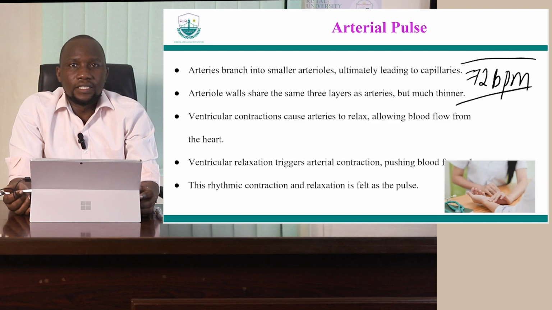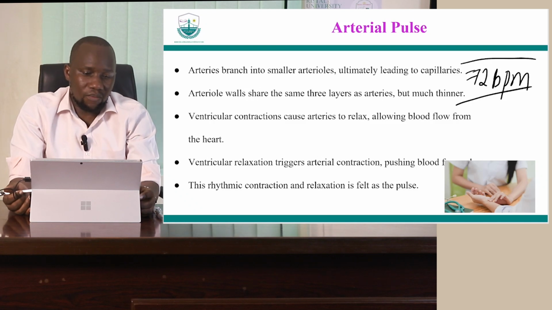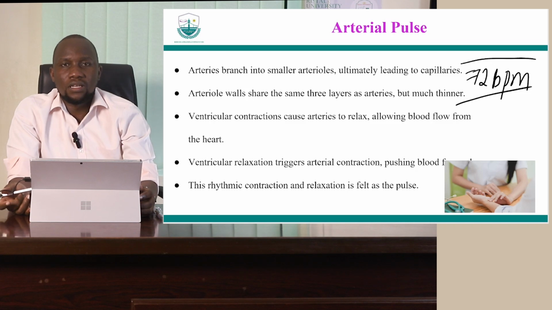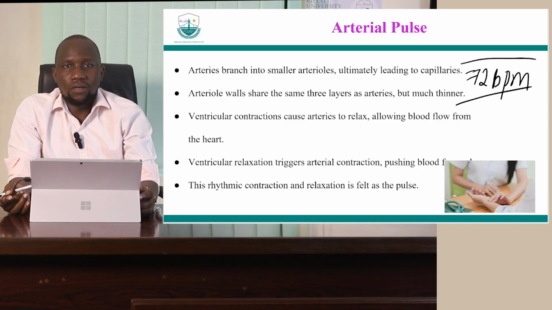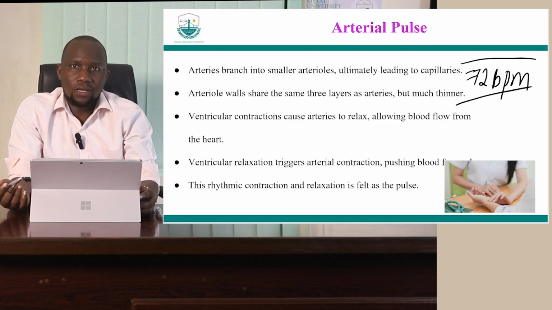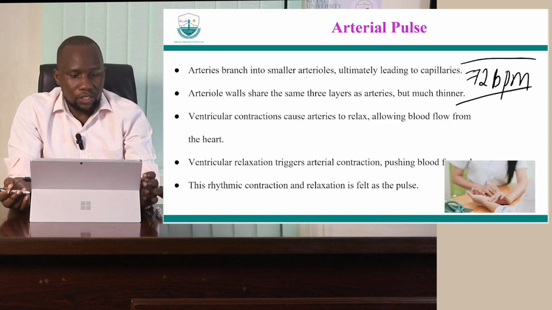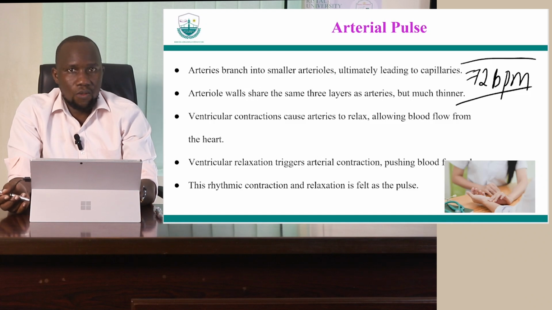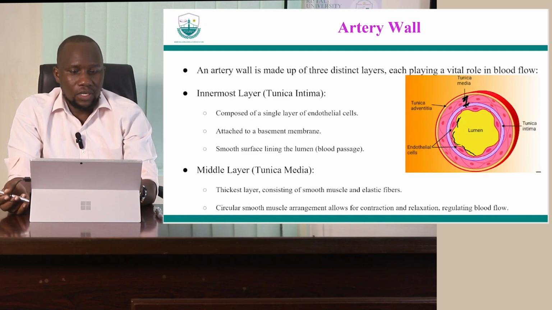Okay, and in the module, the topic concerned with homeostasis, we'll look at how the rate of heartbeat is controlled. Okay, and that is basically the pulse rate, the extent to which the heart pumps per minute.